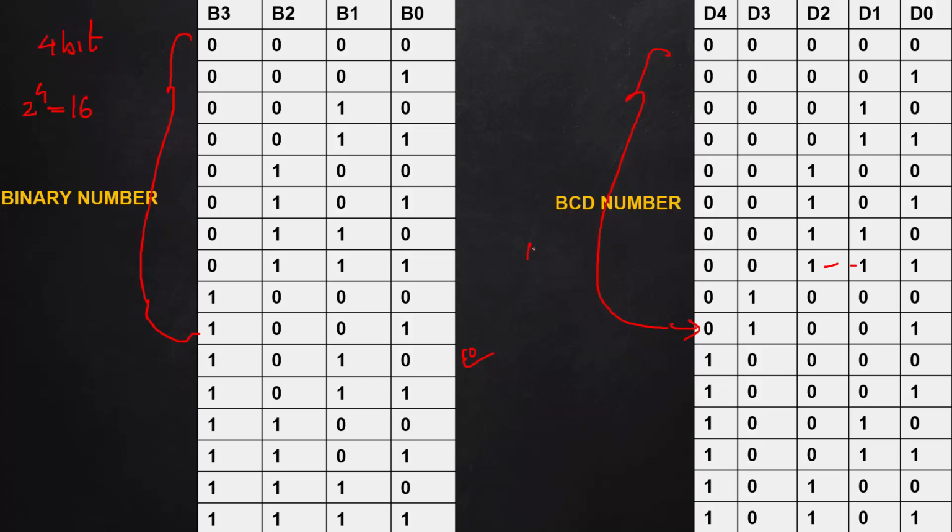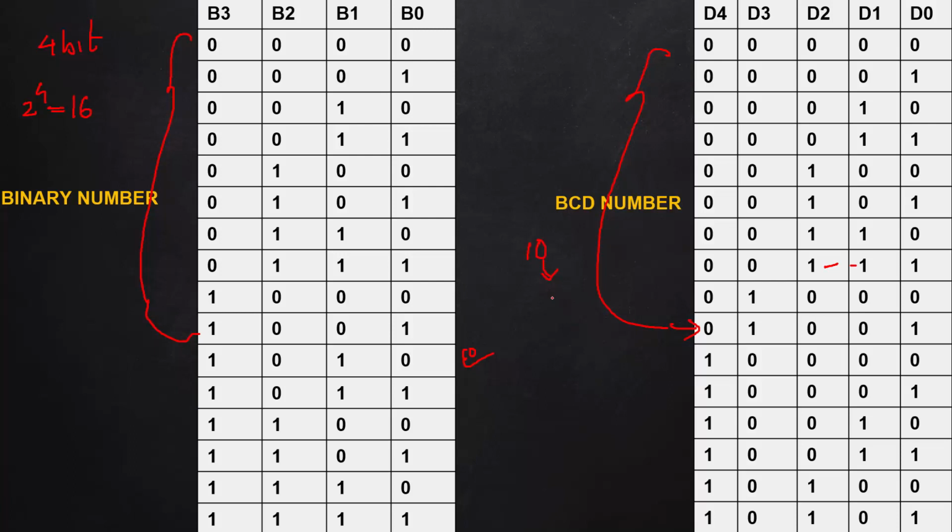This decimal 10, how to represent it in its BCD form? In BCD, we need to assign the 4-bit equivalent for each and every symbol present here. This is 10, which contains 1 and 0.